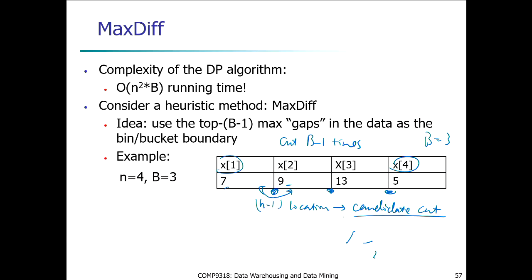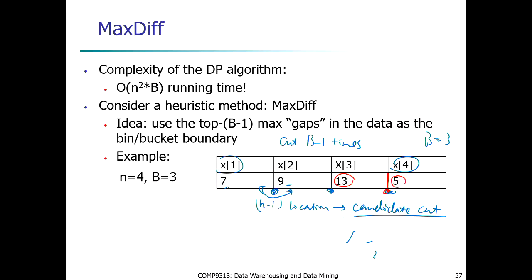But if you look at the third cut, the left-hand side is 13, this one is 5, okay? If I do the cut here, I can make sure that 13 and 5 never end up in one bin, okay? And in this small example, you can see that 13 and 5 are the two numbers which have the largest difference.